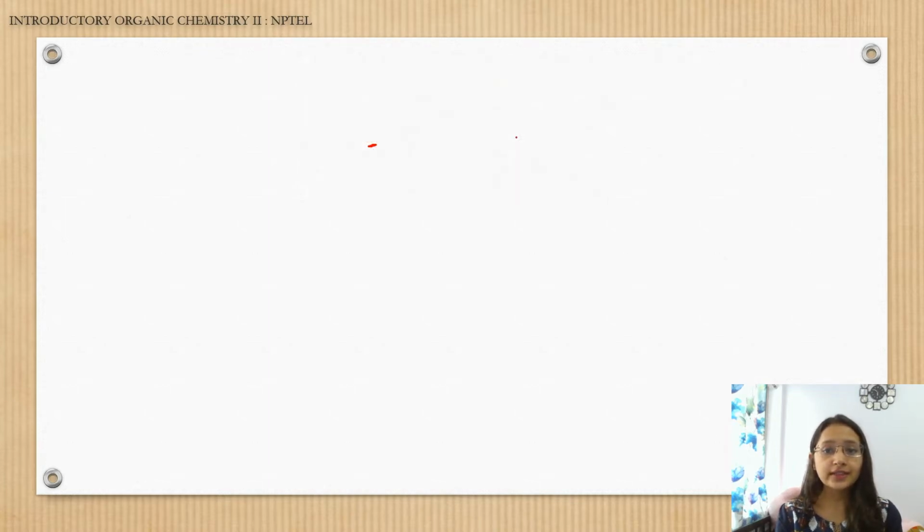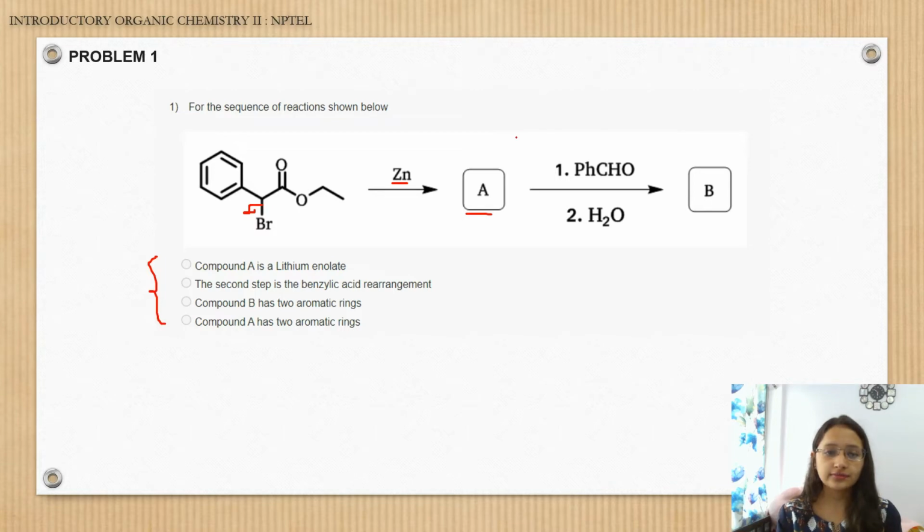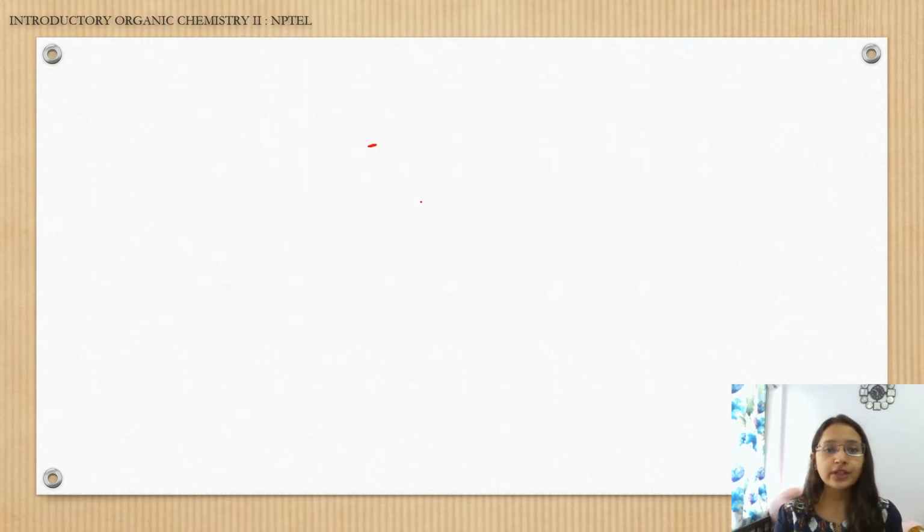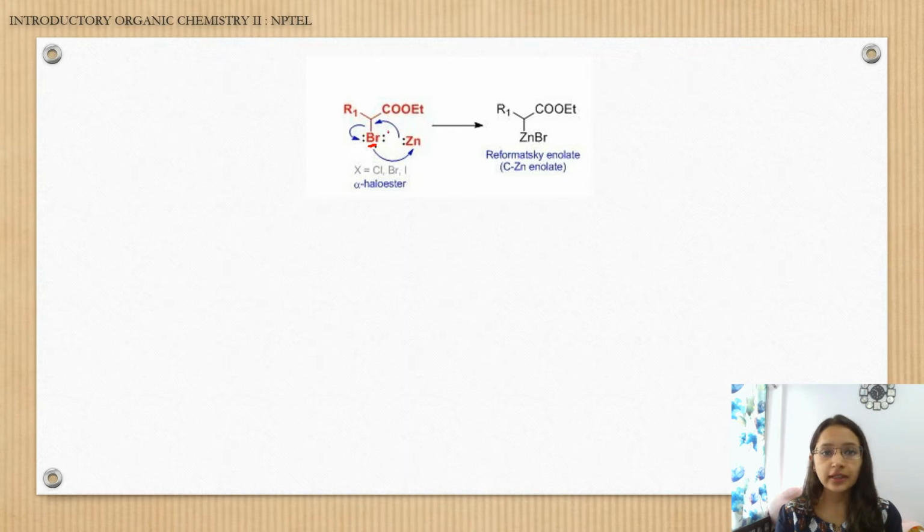So is this a lithium enolate? No, ma'am. Right, it is not a lithium enolate. Because zinc is inserted between the C-Br bond, and zinc, as you know, is an electropositive metal, a negative charge is generated here, which is conjugated with the carbonyl.